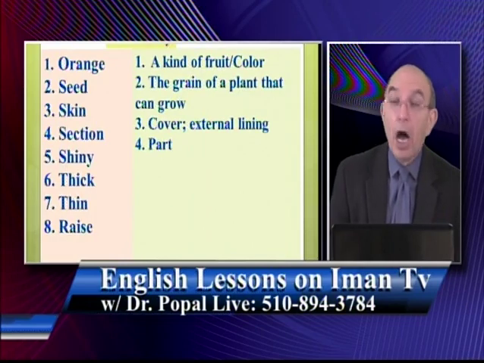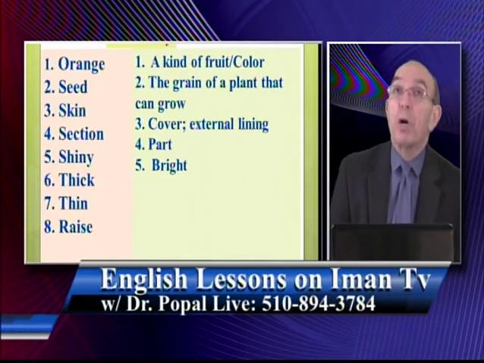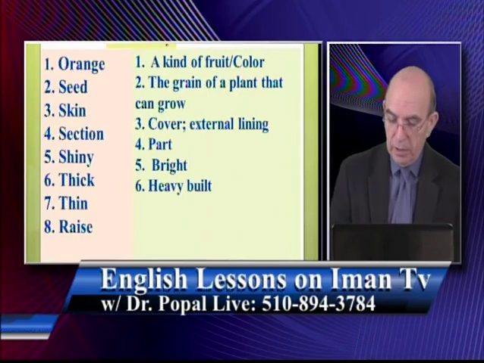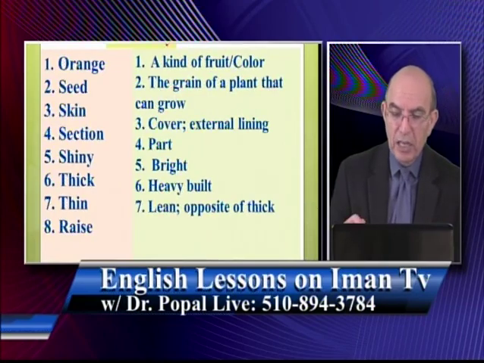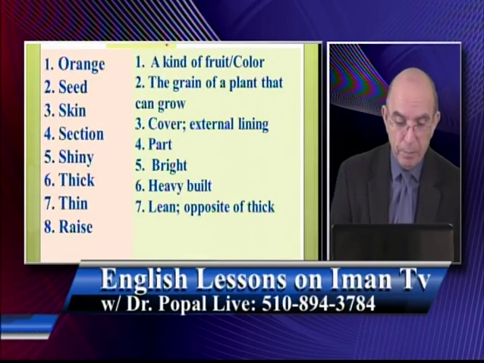Section is what? A part of something. Shiny means bright. We studied this before. Thick means what? Heavy belt. And thin, I showed you a picture, lean or opposite of what? Thin. Or opposite of thick.